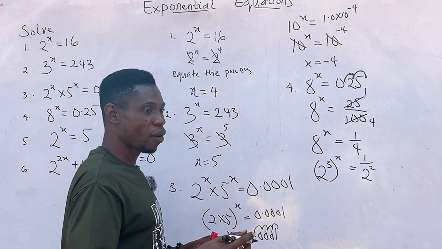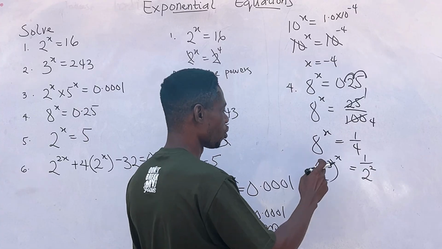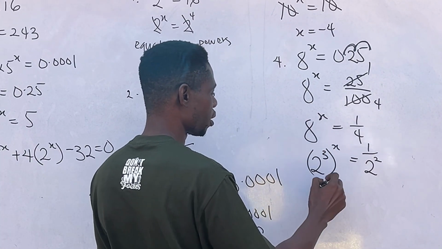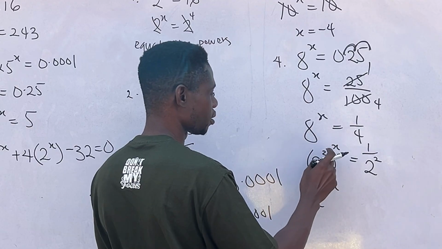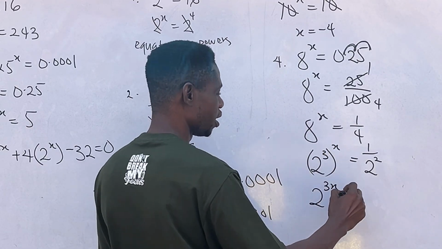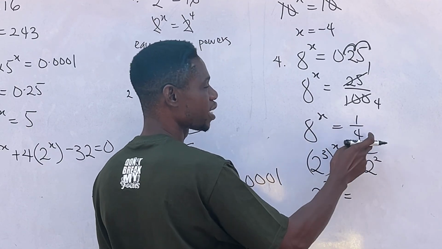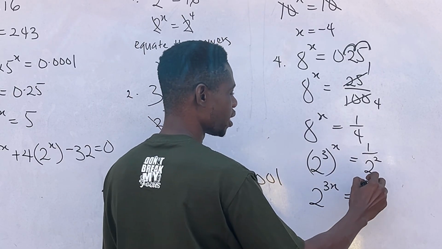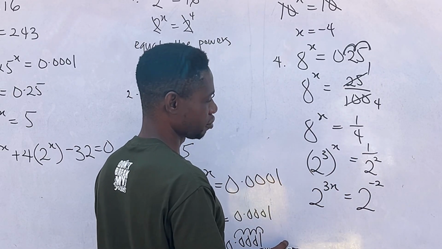Now, if you remember power law from our first series, we can multiply both powers. So we have 2 raised to the power 3x, that's 3 times x, equal to, from our negative index law, 2 raised to the power negative 2.